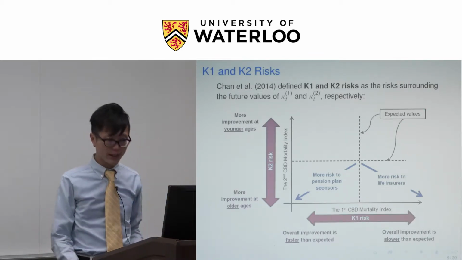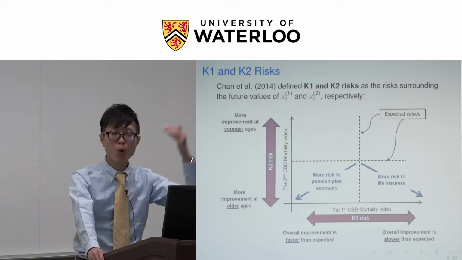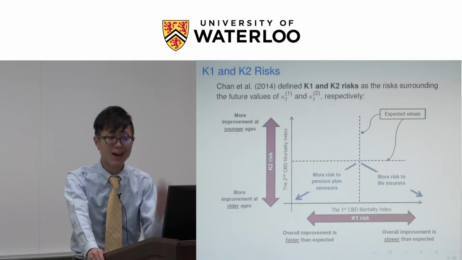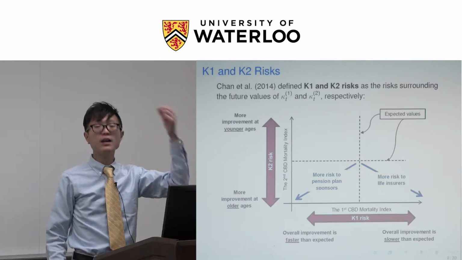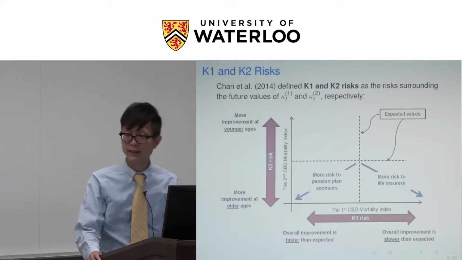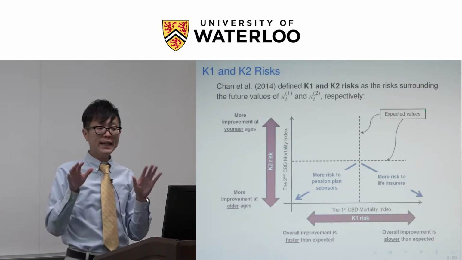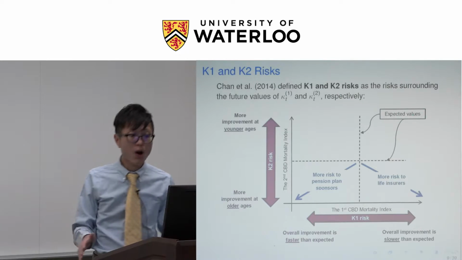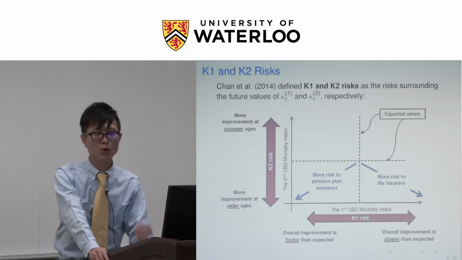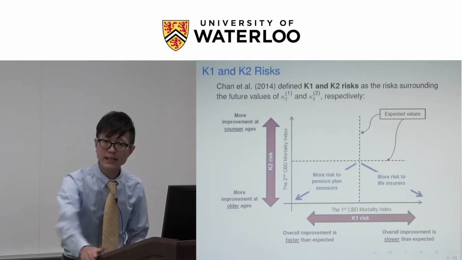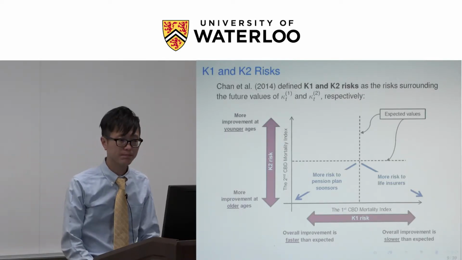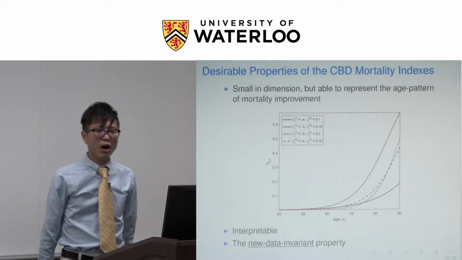Secondly, all things equal, there is more improvement at older ages compared to younger ages, i.e. the second CBD index is lower than expected. So these pension plans are subject to a double hit, the worst scenario, when the first and second CBD mortality indices are lower than expected.